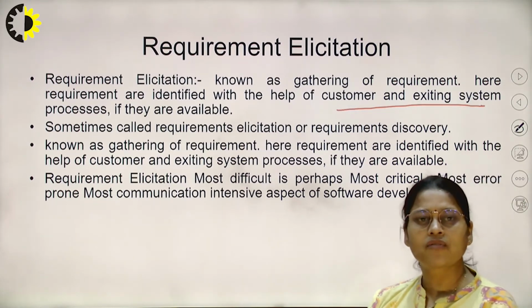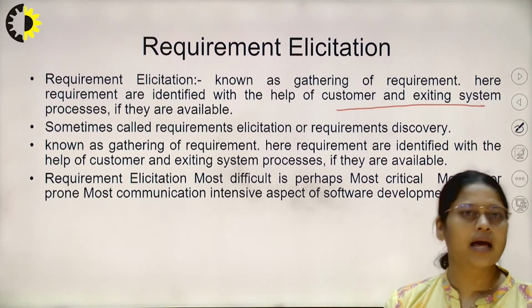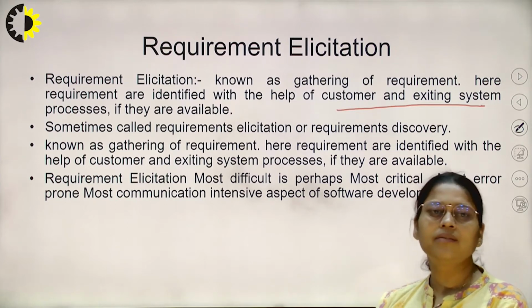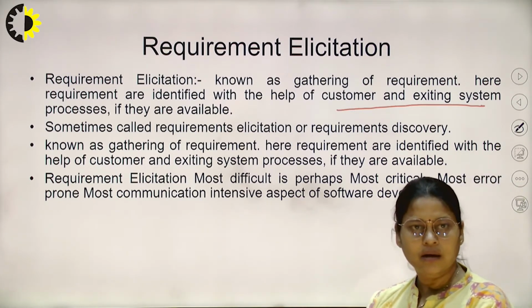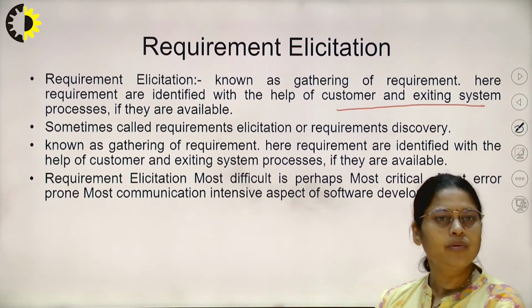Sometimes these requirements are called the requirement discovery process, and requirement elicitation is the most error prone phase of SDLC, because if an error occurs in the first phase of SDLC, then that error will propagate to the last phase, and finally we get a software product that can be inefficient.